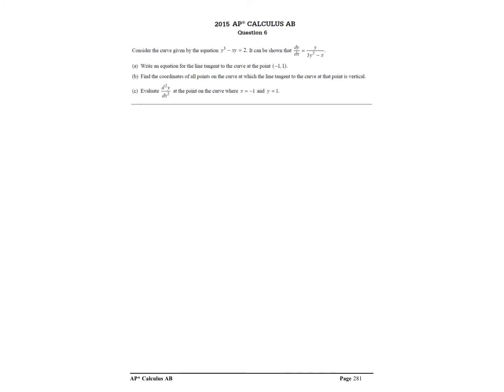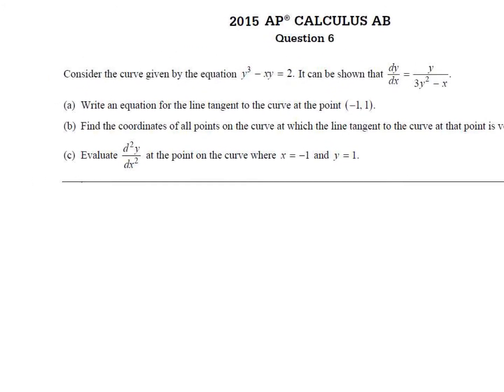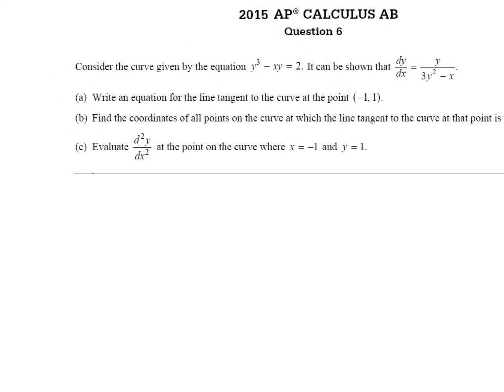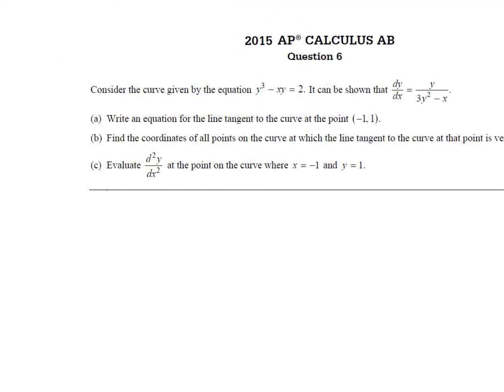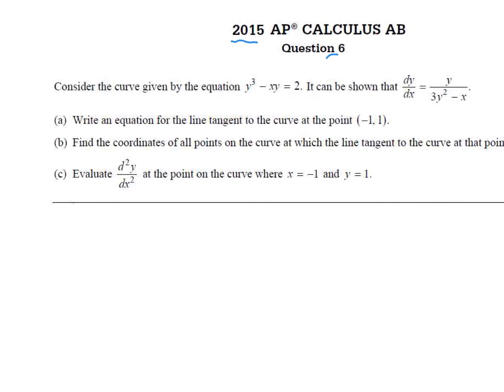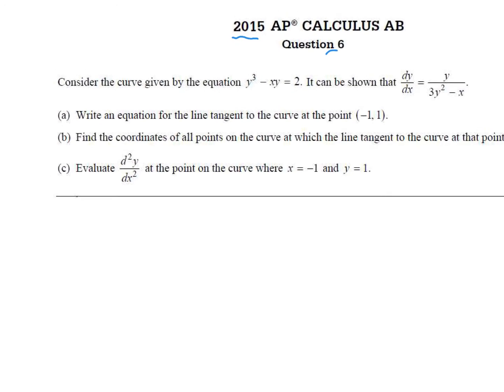Do I want to do this problem? Yeah, I'm gonna skip around and do some AP problems. And so again, this is 215, number 6, and there's 3 parts. Okay, this involves a second derivative, so let's do it.